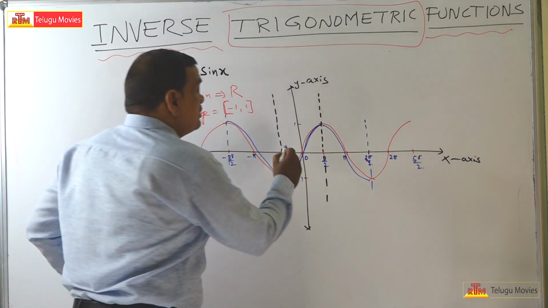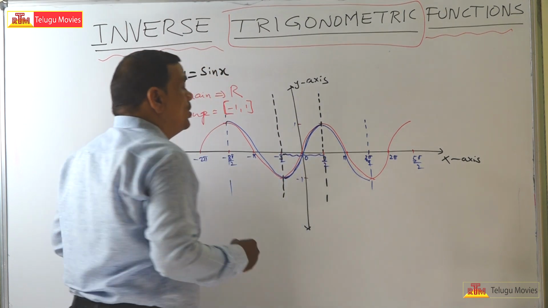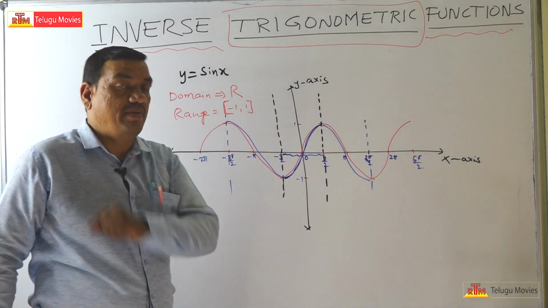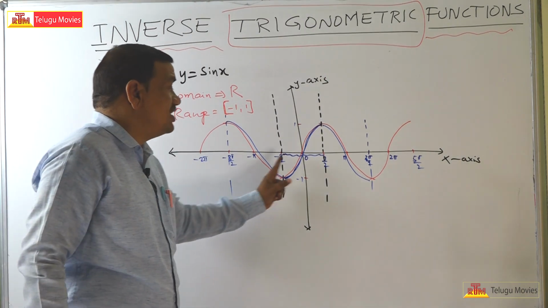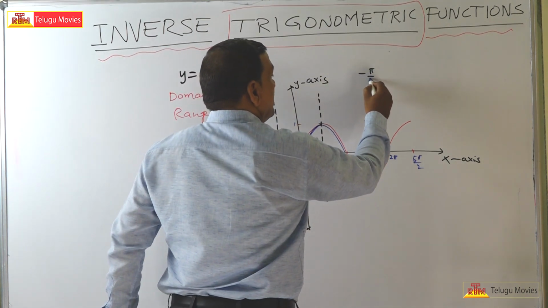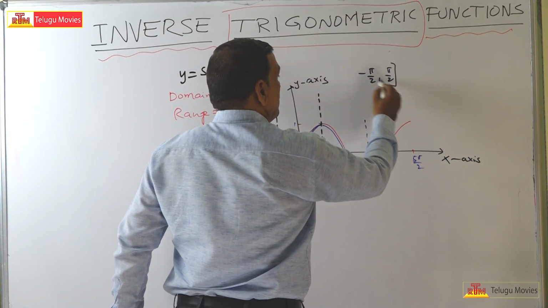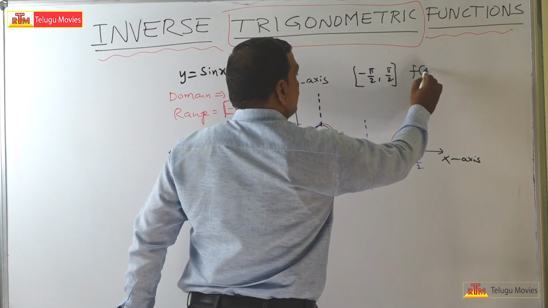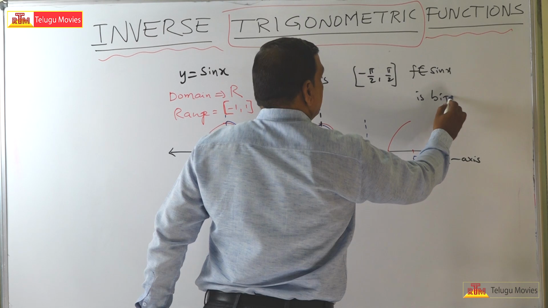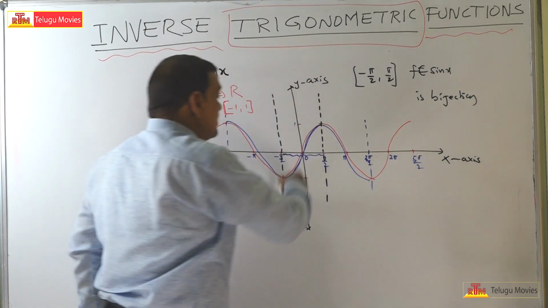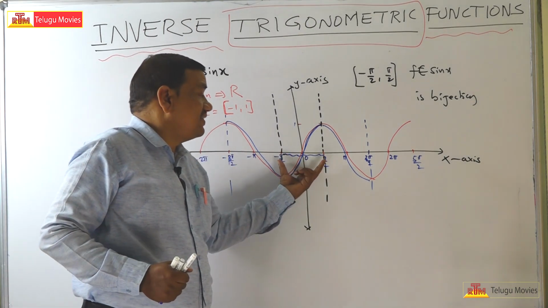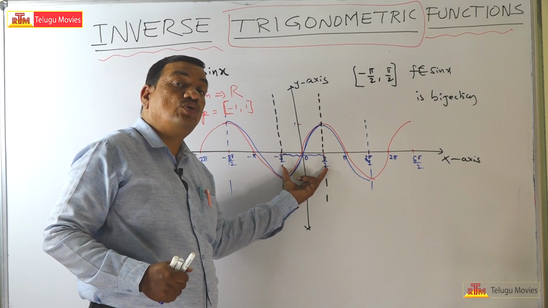That means, from minus pi by 2 to plus pi by 2, you take any value, any angle, you will get only one image. So from minus pi by 2 to plus pi by 2, the function f equal to sin x is a bijection. For the definition purpose, we will take this interval only, minus pi by 2 to plus pi by 2.